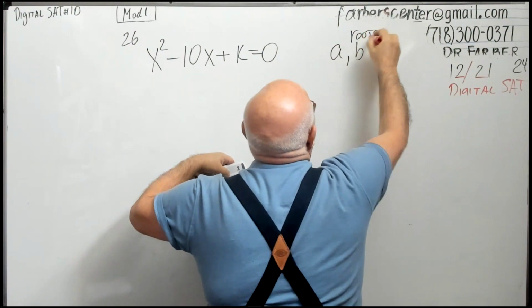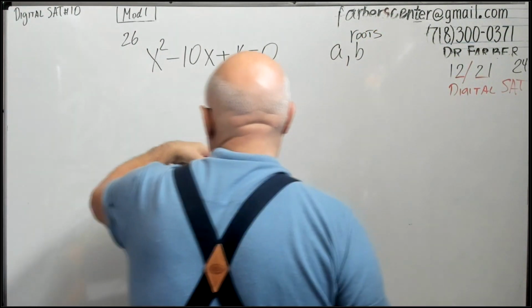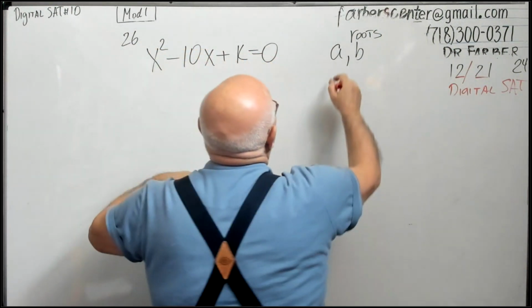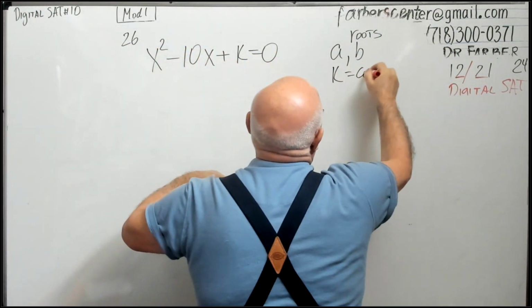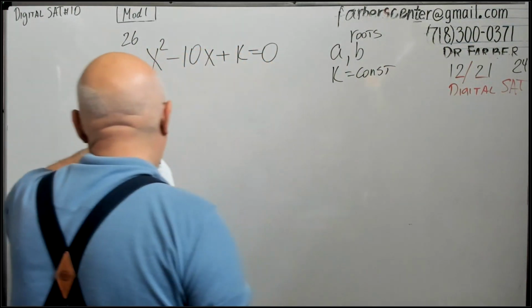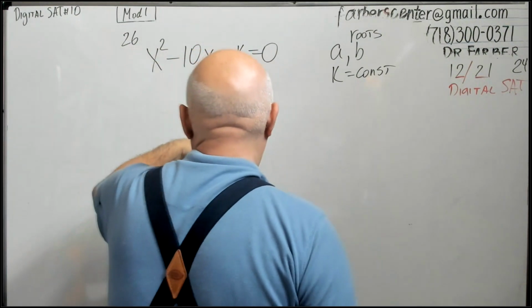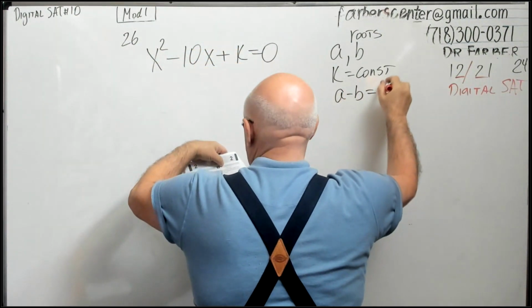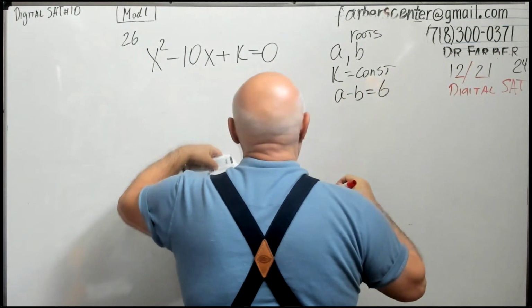K is a constant. A minus b equals 6. What is the value of k?